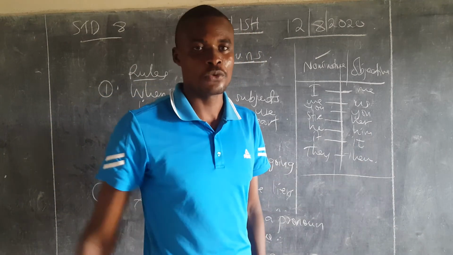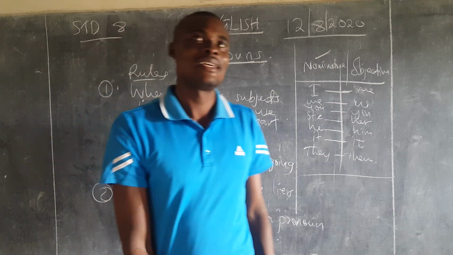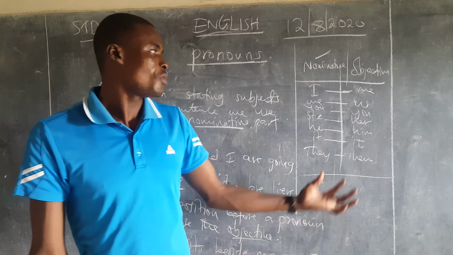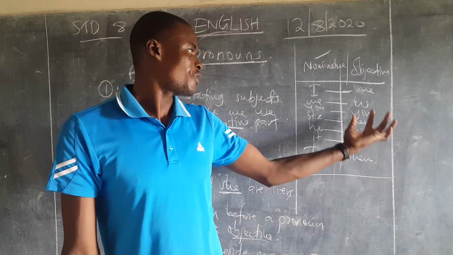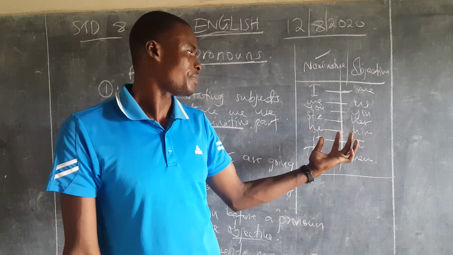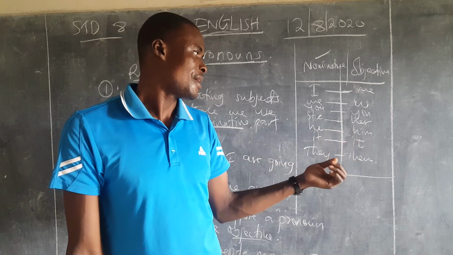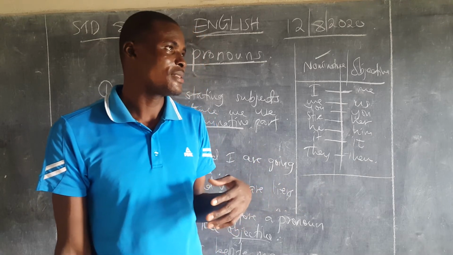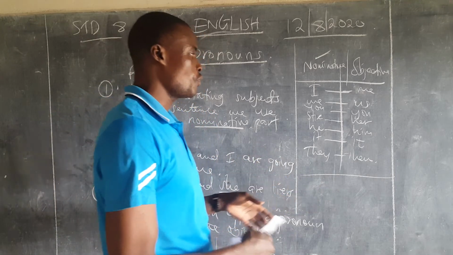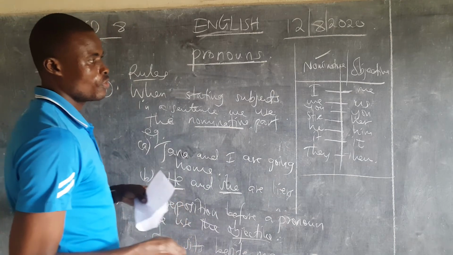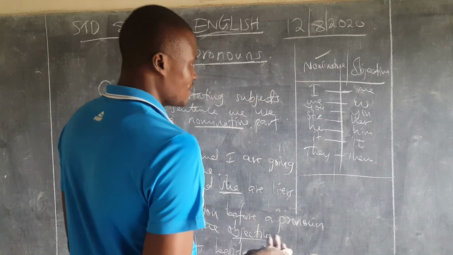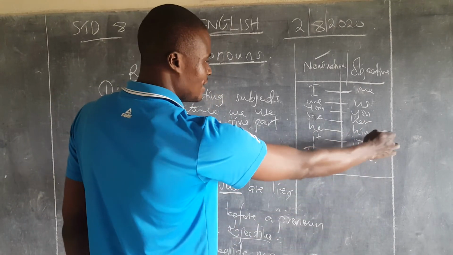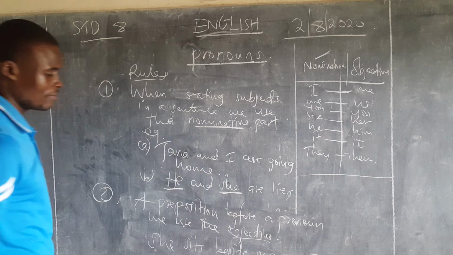When there's a preposition, the house is next to... we'll talk of next to ours. Their house is next to ours, next to yours, next to hers, next to his. So we still use that same part.